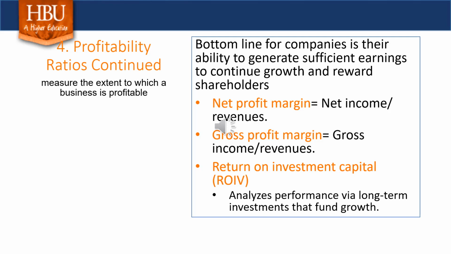Remember, net is essentially after taxes or deductions, and gross is before taxes and deductions. I like to remember net as what is caught in the net after the taxes. That's my way to help remember the difference between those terms.